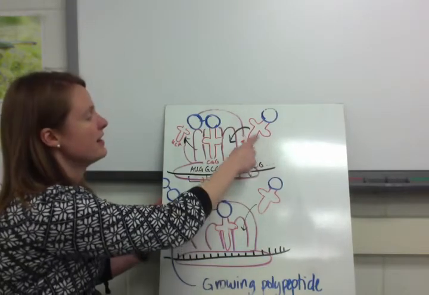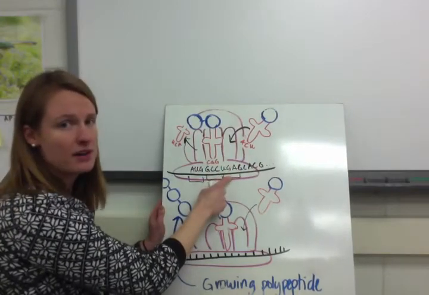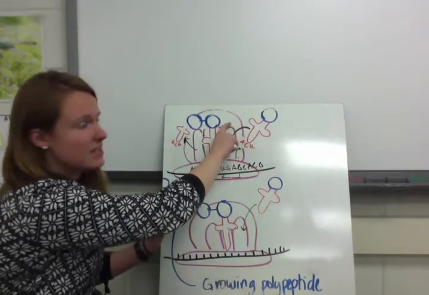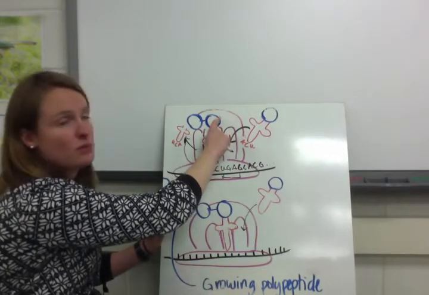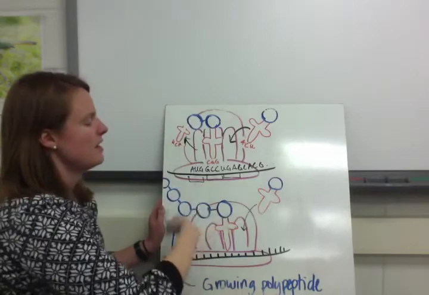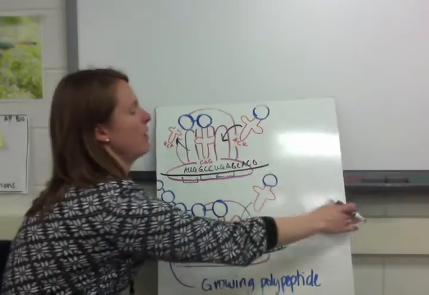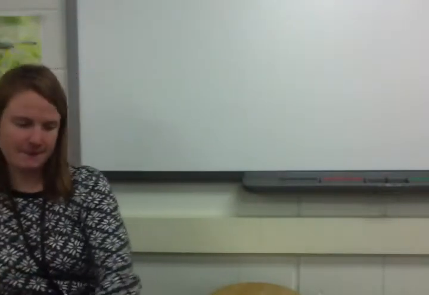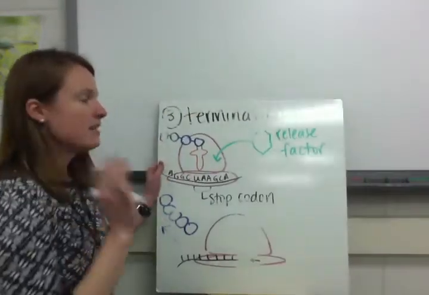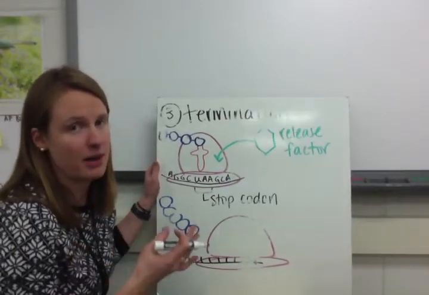As these tRNAs come in, their anticodon matches with a codon. The amino acid that's attached gets put onto the one before it with a polypeptide bond. They get squished together, and the ribosome keeps reading. You get a polypeptide out of it. So that was elongation, that was extending the chain of the protein, of the polypeptide.